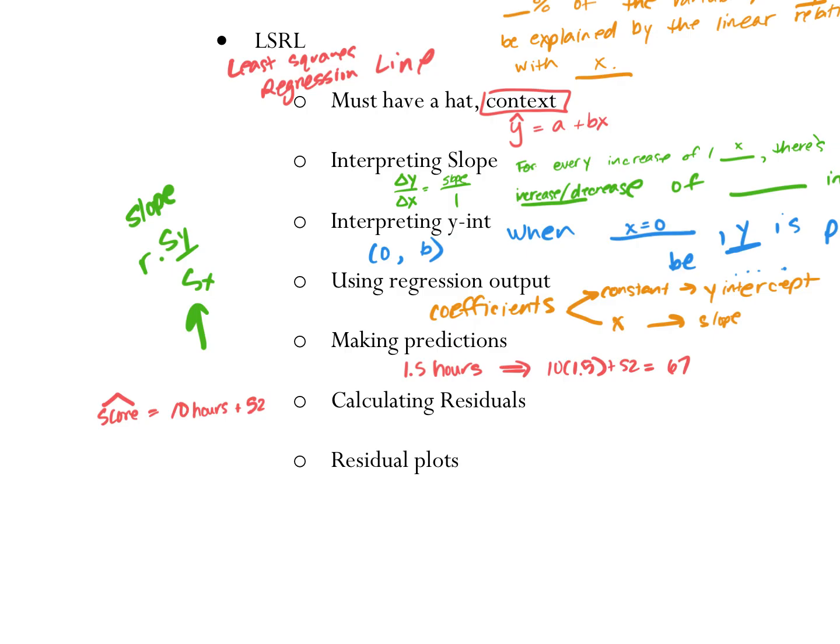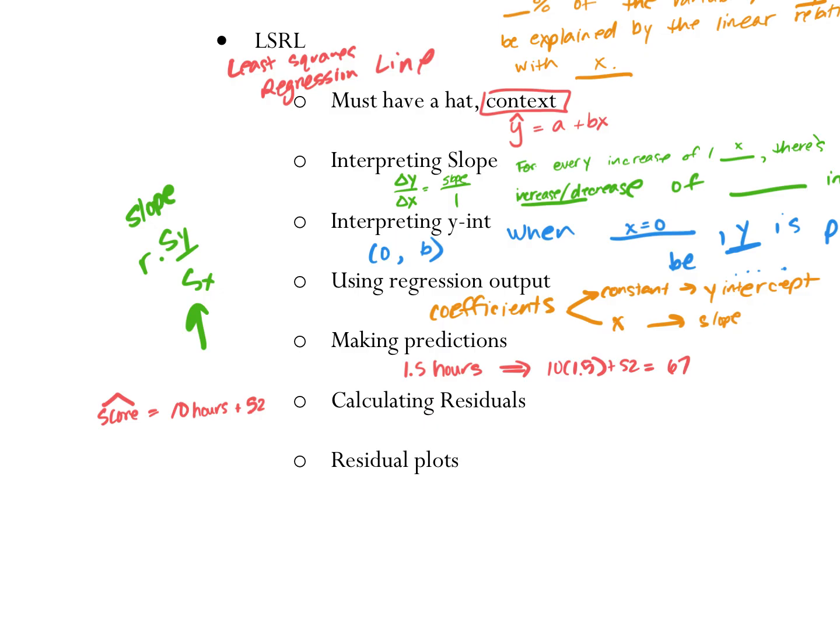Is everybody good? Everybody good in terms of using the line to make predictions?